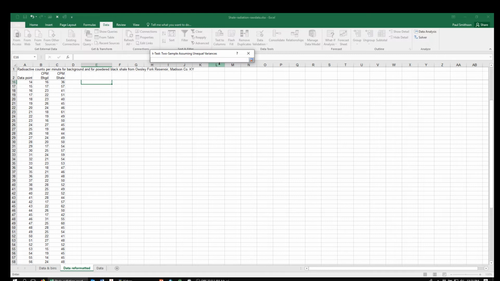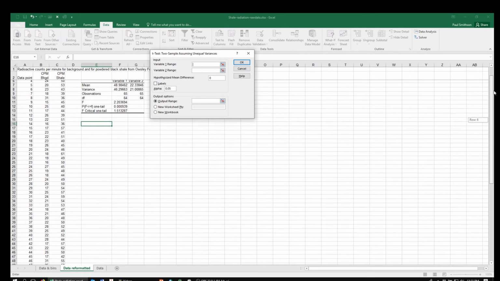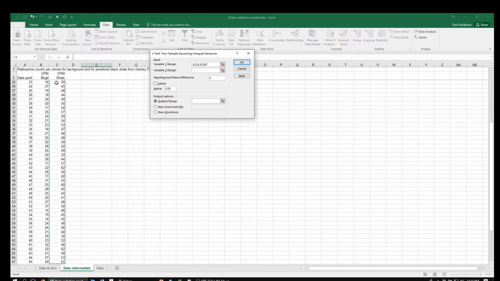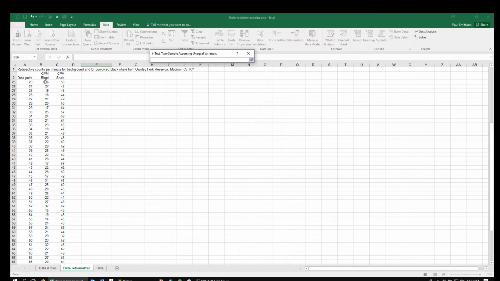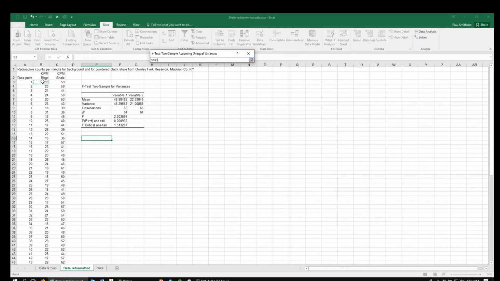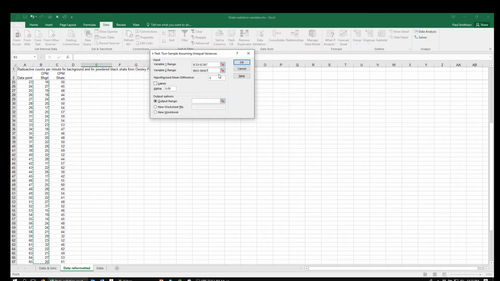We'll put our shale in first, it doesn't matter this time, and then we'll put in our background, and our hypothesized mean difference will be 0.